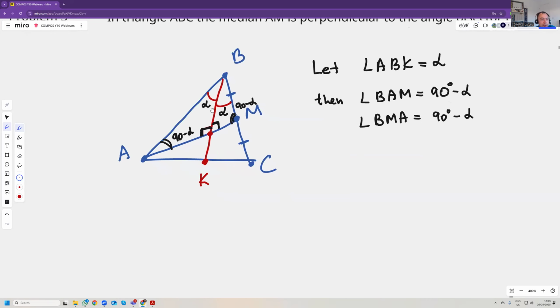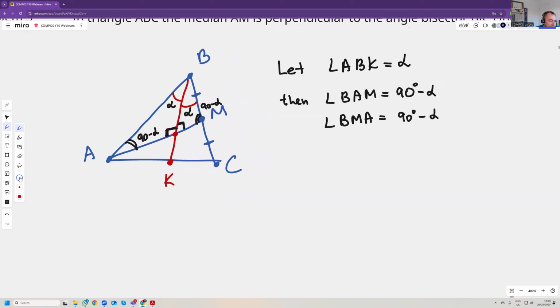Now consider the triangle ABM. We can draw it.